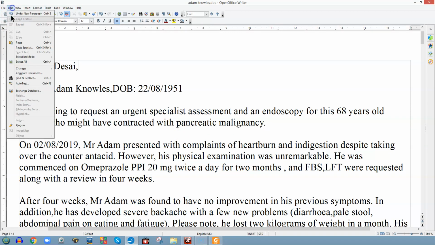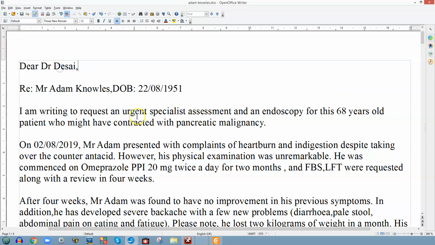Okay, changes, right. Writing to request, right, we don't need an article. Urgent specialist assessment. Endoscopy, 68 years old patient who might have contracted, who has, right, so first, I would put the name.